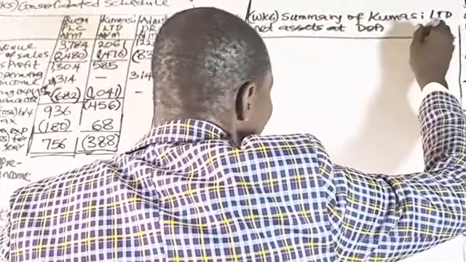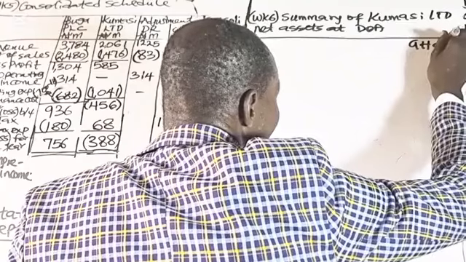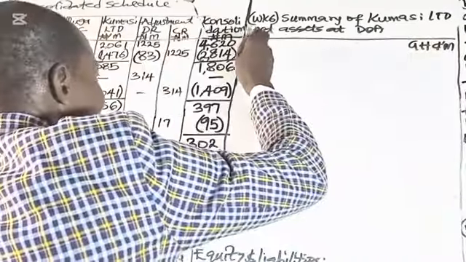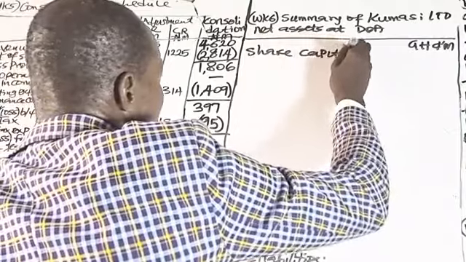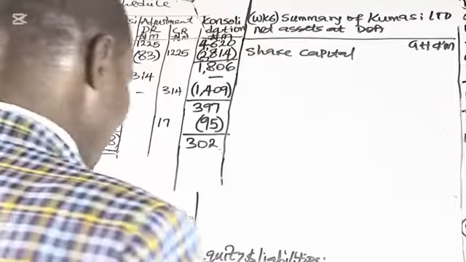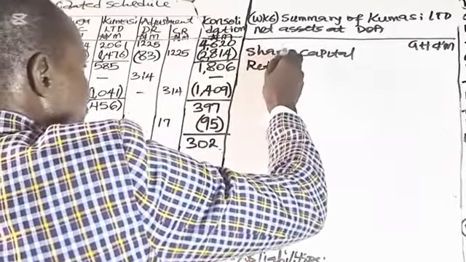Remember, the net asset comprises the share capital, then we also have retained earnings on acquisition.